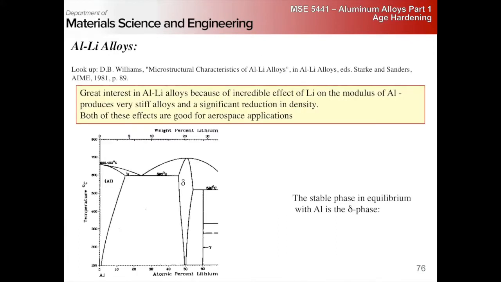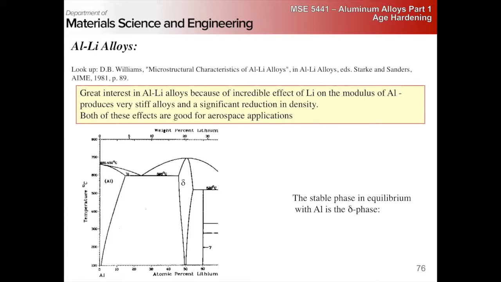Okay. Aluminum lithium is the last family and sequence that I want to talk about. I put a reference here. I'll put this paper up on Carmen. D.B. Williams, Microstructure Characteristics of Aluminum Lithium Alloys. Who's this D.B. Williams guy? That's our dean, right?